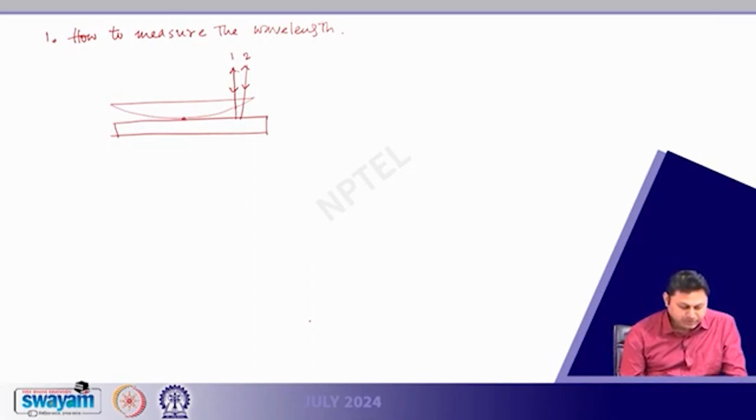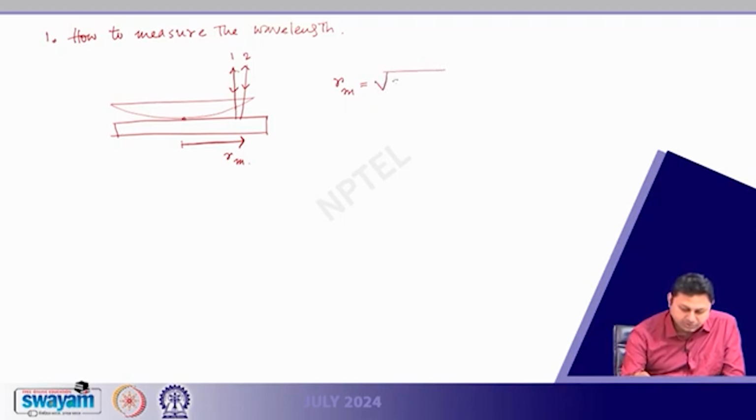We already had the expression that if this is my Rn, that is the radius, suppose it is forming a dark ring, then this dark ring radius is Rn, and Rn is equal to root over of 2r and this thickness Tm.